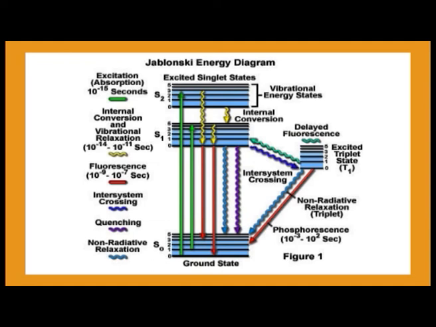The intersystem crossing takes place via inversion or flipping of the spin of the excited electron of the singlet excited state, resulting in two unpaired electrons with the same orientation but in different orbitals to obey Pauli's exclusion principle, leading to the triplet state with spin +1 and multiplicity 3. Due to the spin multiplicity of 3, this state is called the triplet state.